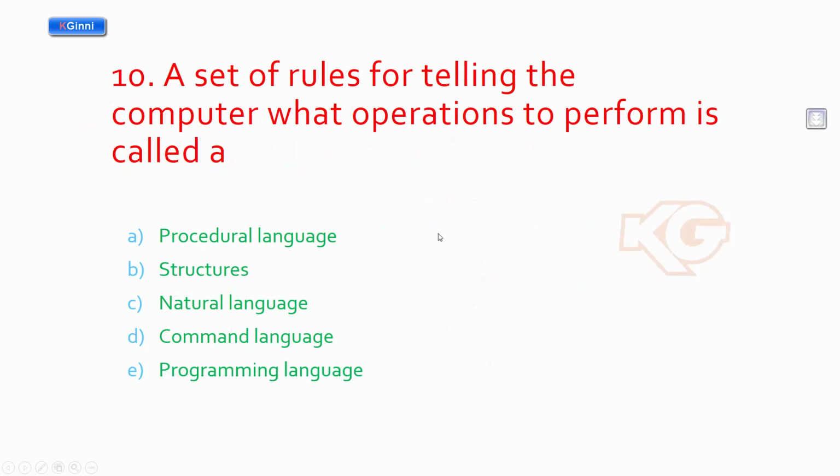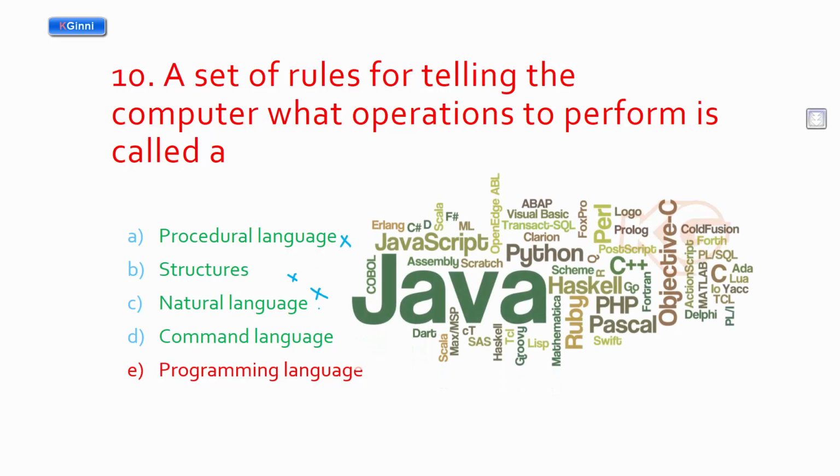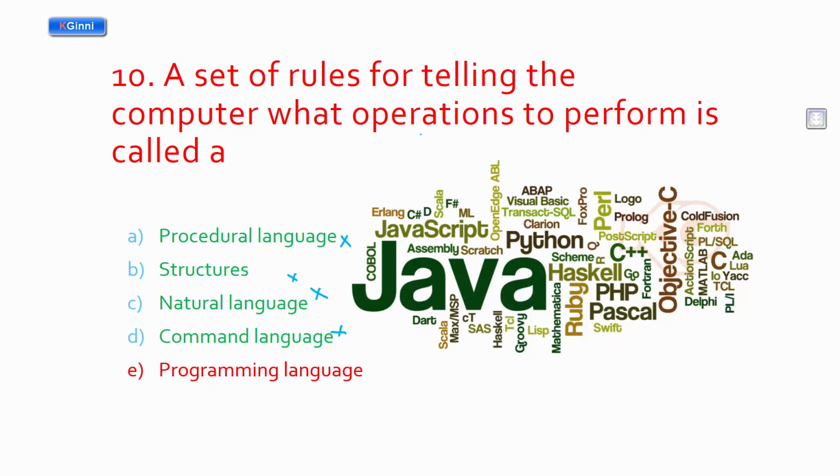A set of rules for telling the computer what operations to perform is called a dash. It is a programming language. It is pretty tough to eliminate such things, but if you see operations perform, so it should be only a programming language. You cannot say a procedural language. Some of the procedural language is called SQL, one of the examples, and this comes under database retrieval and other stuff.